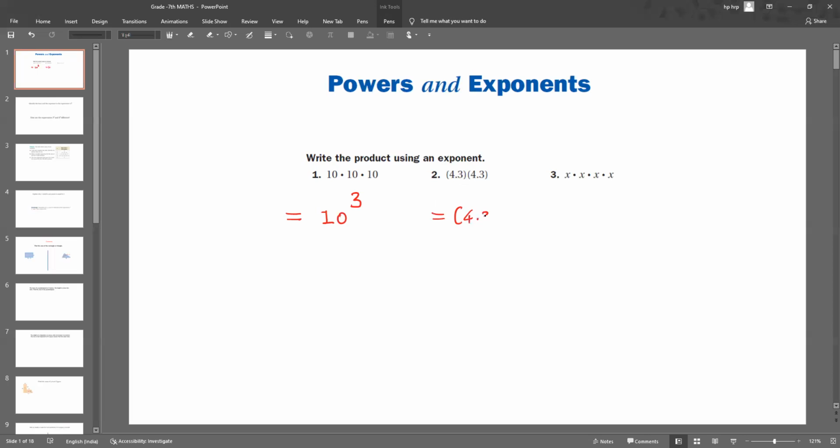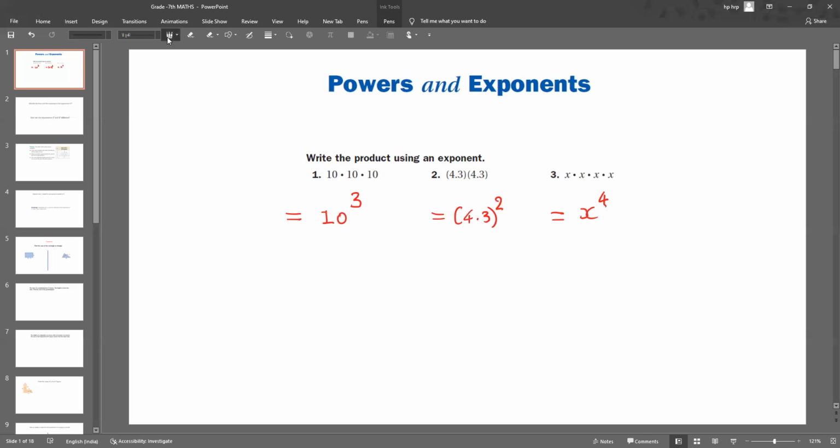Correct. In the third question we don't have a number. X is there. So what can you say about this X? X is a variable. So how can we write this one? X to the fourth power. Correct.